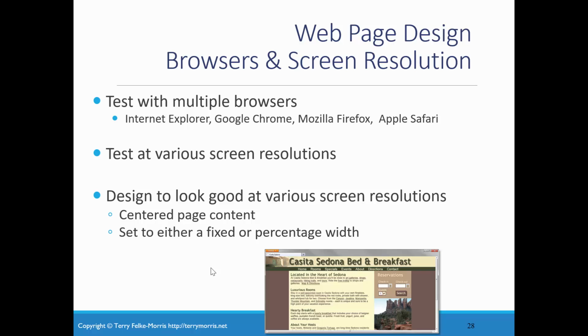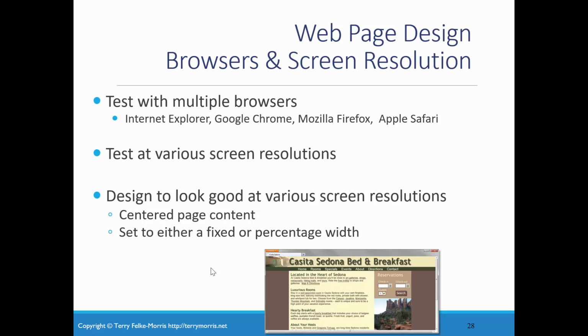You should always test multiple browsers, test multiple screen resolutions, test multiple media. So test your website, make sure it looks good on a desktop, on a laptop, on a tablet, on a cell phone. Make sure it looks good in different kinds of browsers. Make sure it looks good in different kinds of platforms.